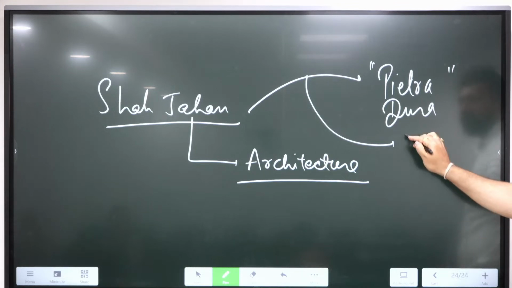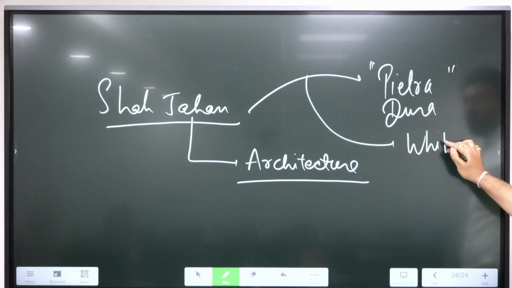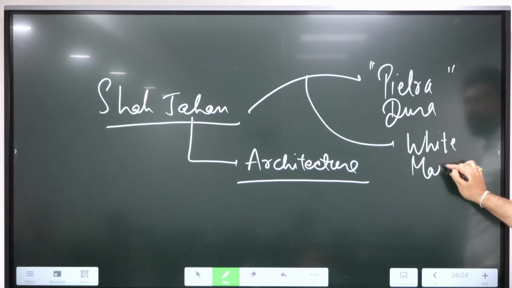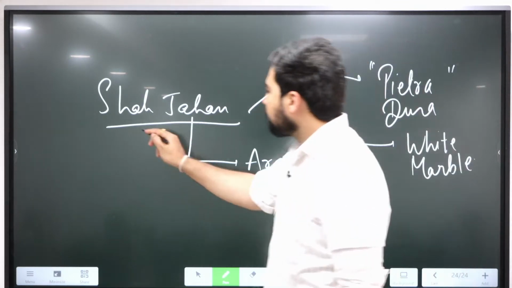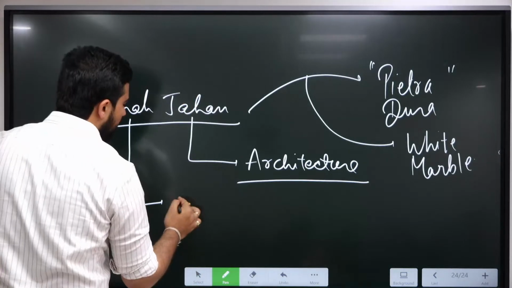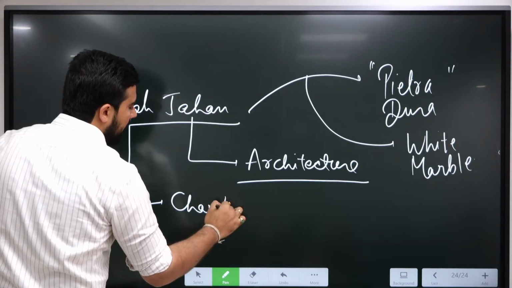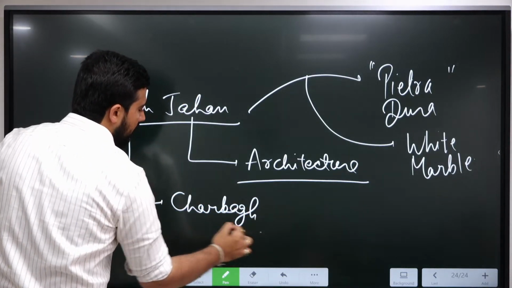He started focusing on using white marble. He even reformed the Charbagh style, which was brought in by Babur.